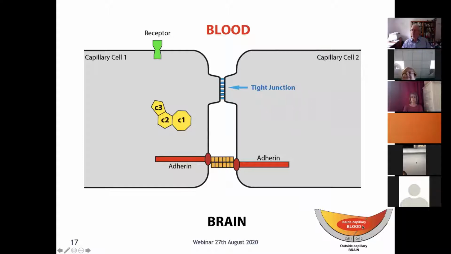And so what you have at the bottom here is cell 1 and cell 2 joining like this, and that's what you see in the top part of the diagram here. It's just a little bit of join between cell 1 and cell 2. So you have blood in the middle flowing along here with its blood corpuscles, and you have the brain tissue getting the oxygen and the nutrients from the brain down here.